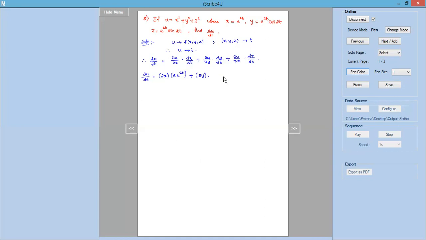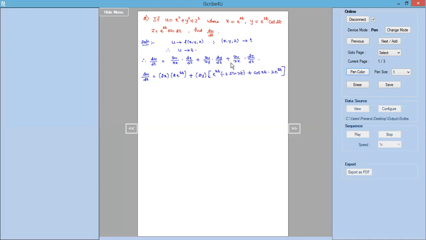So let us find out dy by dt applying the product rule. So product rule says, first I will keep e power 2t as it is. Differentiation of cos 2t is minus 2 sin 2t plus cos 2t as it is. Differentiation of e power 2t is 2 e power 2t.